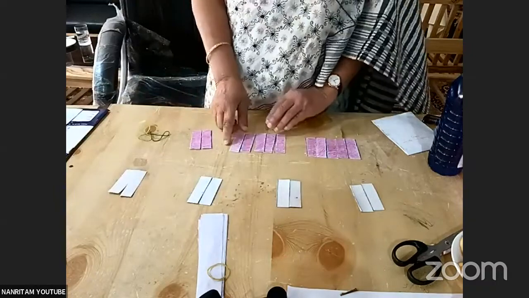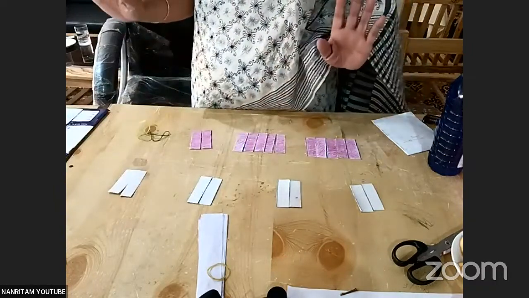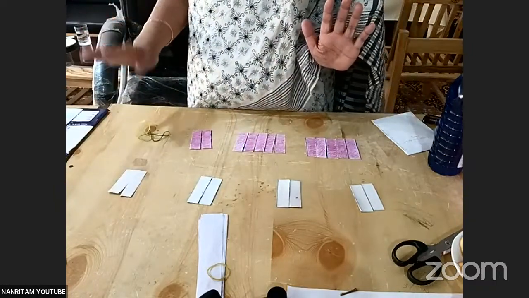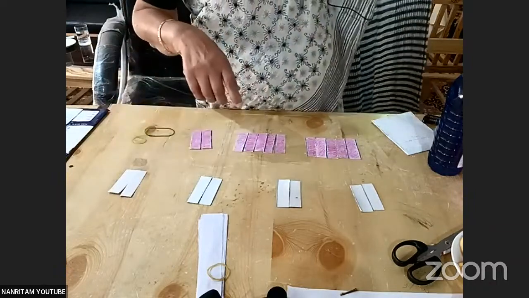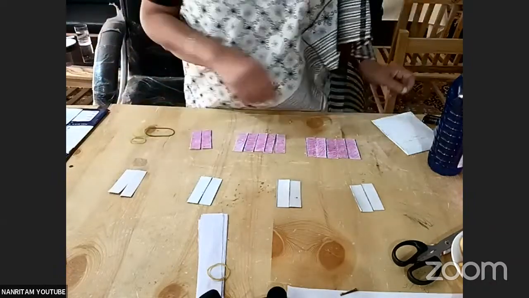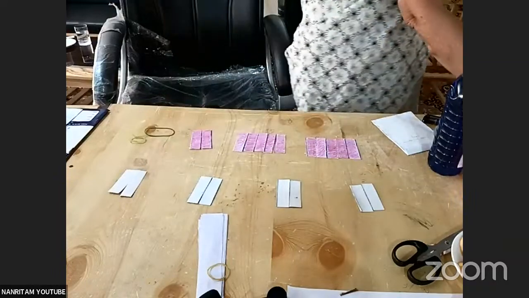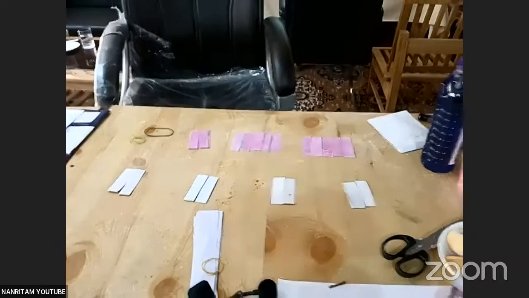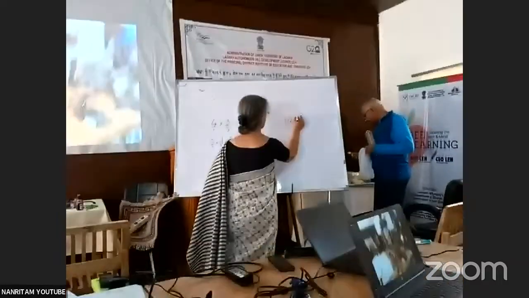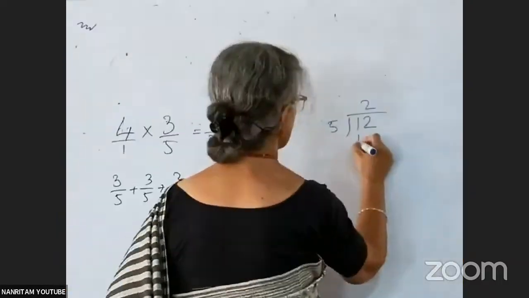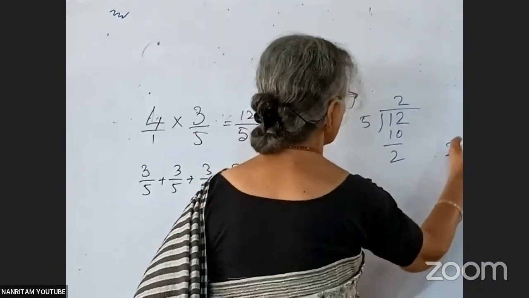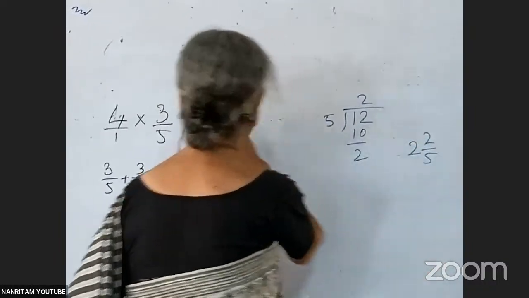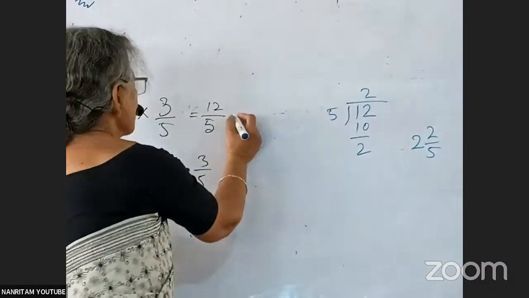So the answer is 2 and 2/5. 12 by 5 is 2 and 2/5.